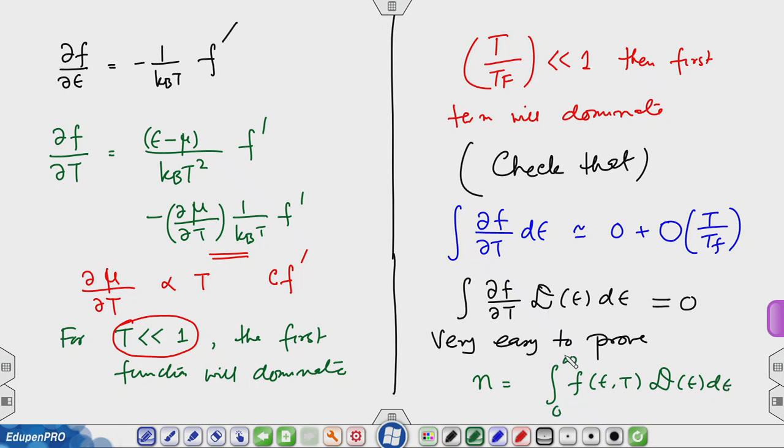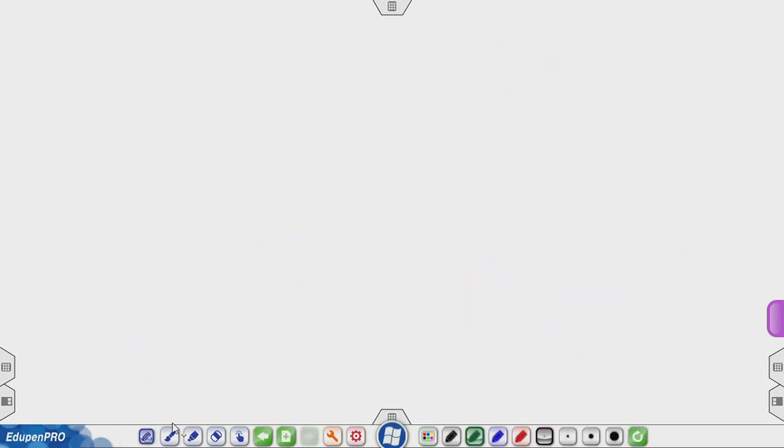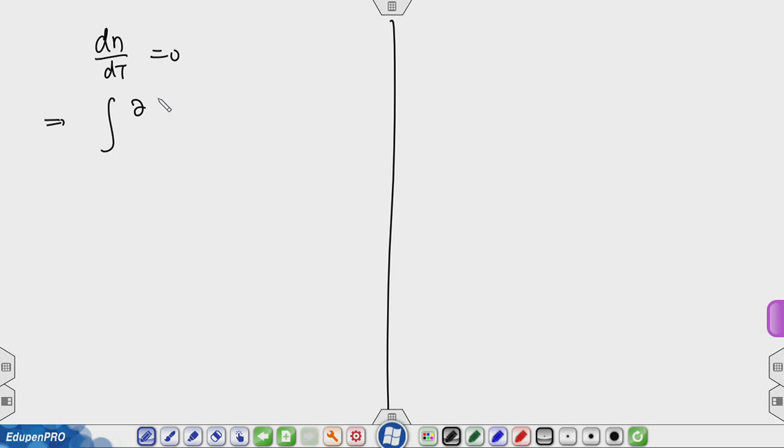And if you change the temperature, the number density doesn't change. So dn/dt is 0, and this implies the integral of partial f partial t g dE is 0. With all this in our arsenal, we are now ready to calculate the specific heat of free electrons.